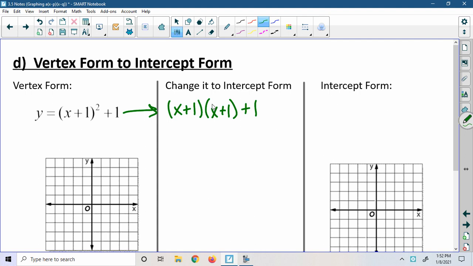And we're first going to change it to standard form. So we'll FOIL these out. First, outside, inside, last. So that'll be x squared plus 2x plus 3. And then you'd factor and get it into intercept form.